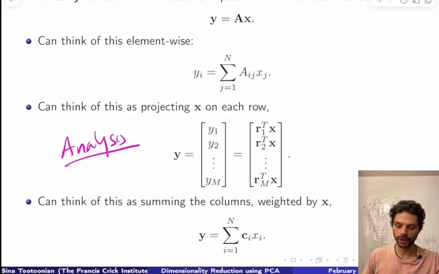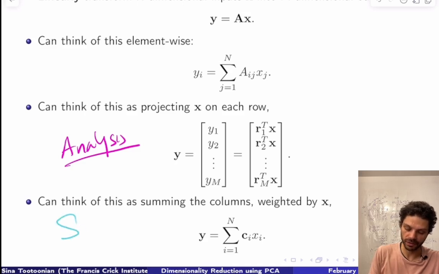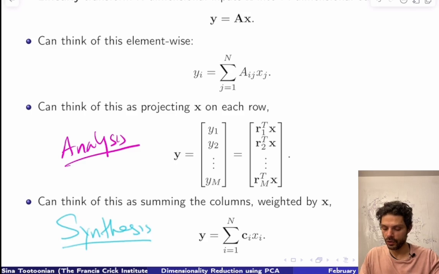But interestingly, you can also view things from a synthesis perspective. So synthesis, where we're using the elements of x to tell us how to combine the columns of the matrix. So we're using the columns as a basis, as components that we're then just summing up according to what's in x.